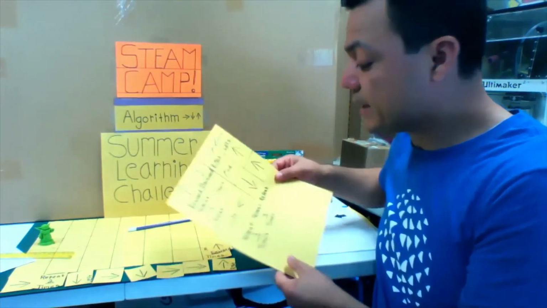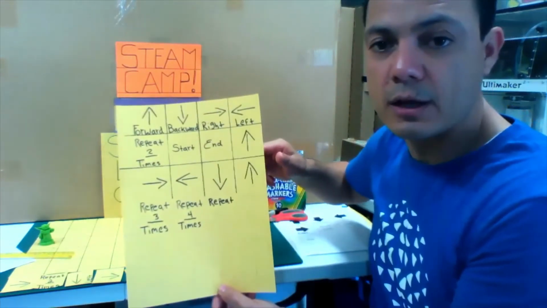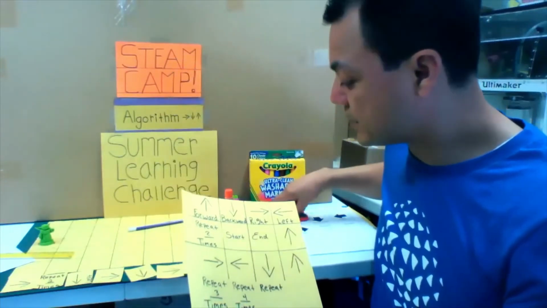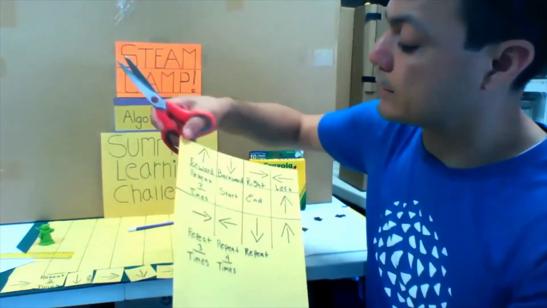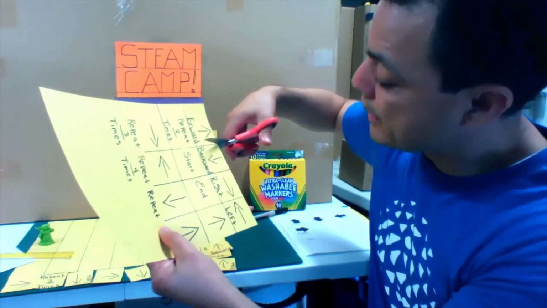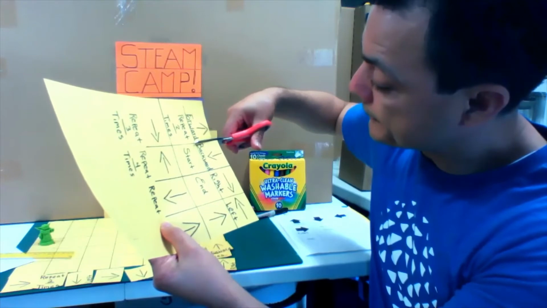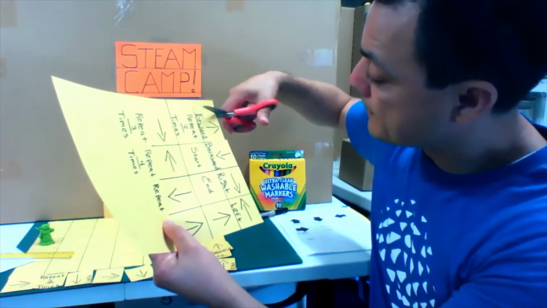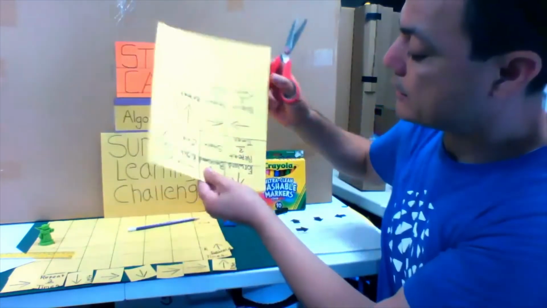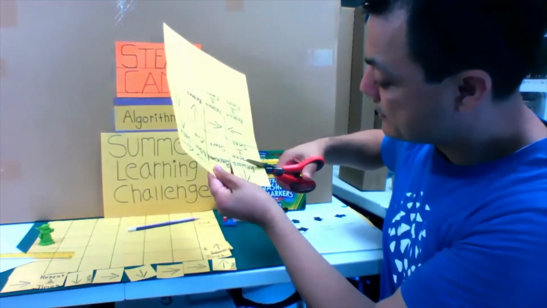So if you're finished with your key, go ahead and start cutting them out with scissors like this until you have a square. So I'm gonna cut this one out.